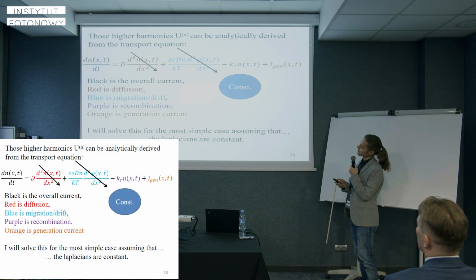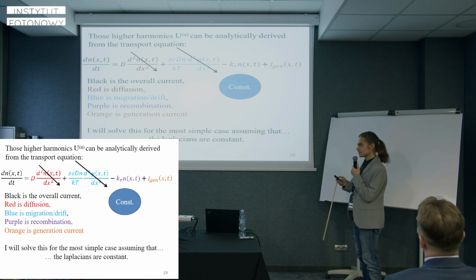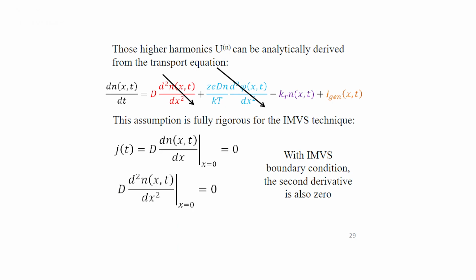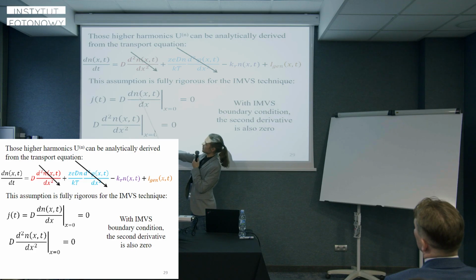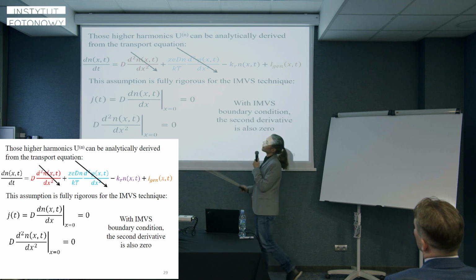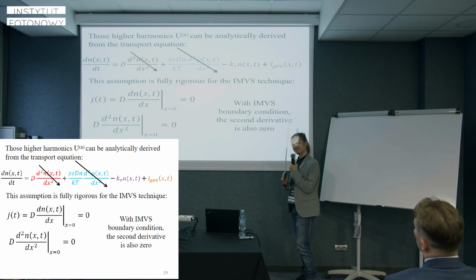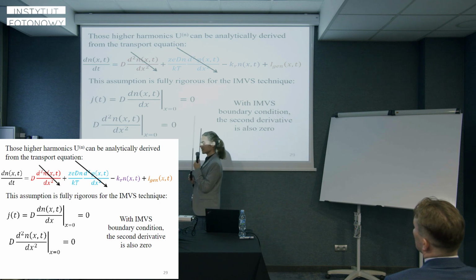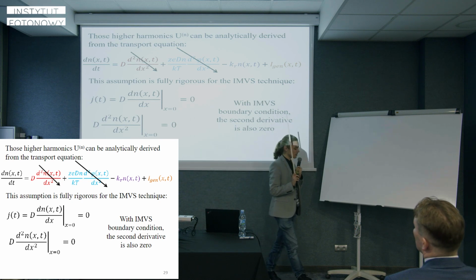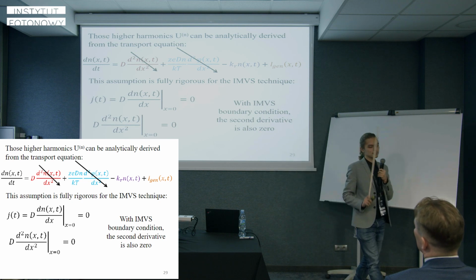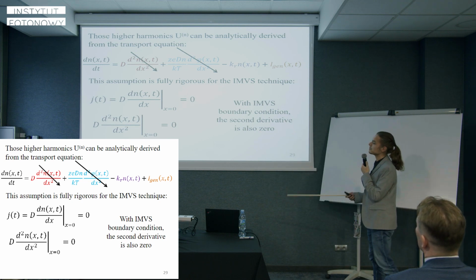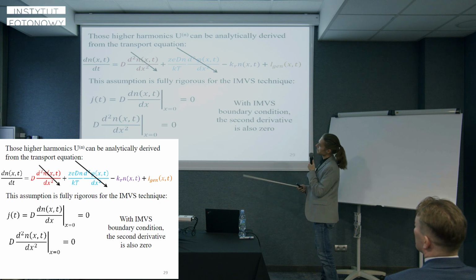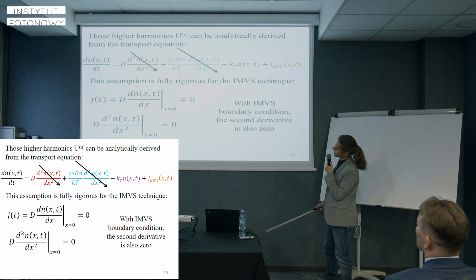In case of IMVS, it is quite reasonable, because current is defined as this spatial derivative. I apologize for using standard symbols like standard Ds. They should be curly derivatives, like partial derivatives, but I could not export this symbol. Never mind, these are partial derivatives.